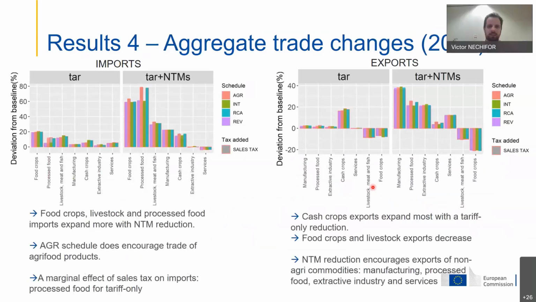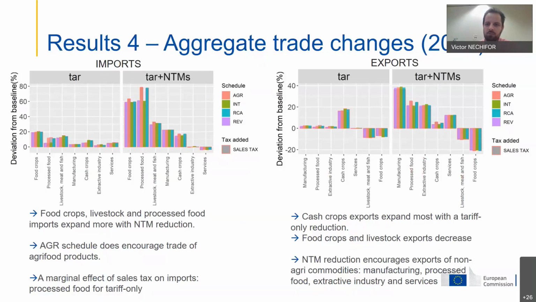On the aggregate side, on the trade changes, again, we see differences between tariff only and tariff plus NTMs. So the trade grows by much more when we include NTMs. This is not a surprise considering also the other presentations. We see that on the import side, there is a lot of growth in food crops and processed food, which means the Kenyan households will consume more of the imported kind.